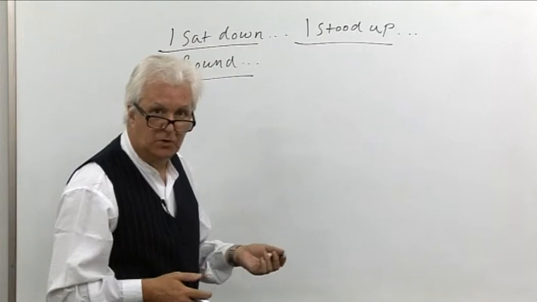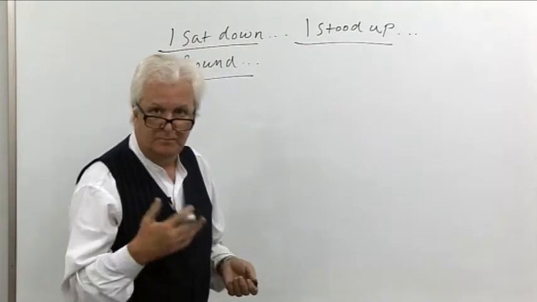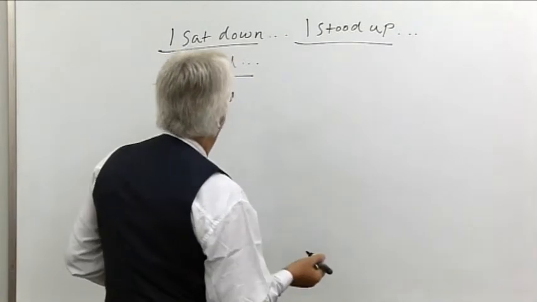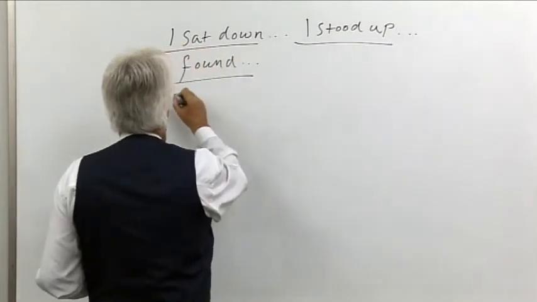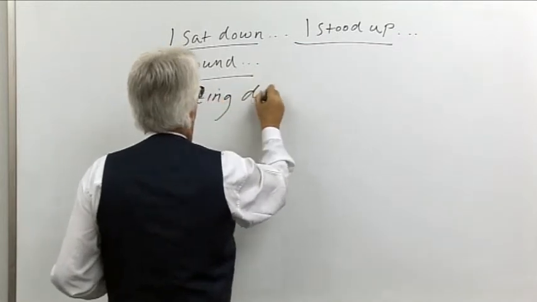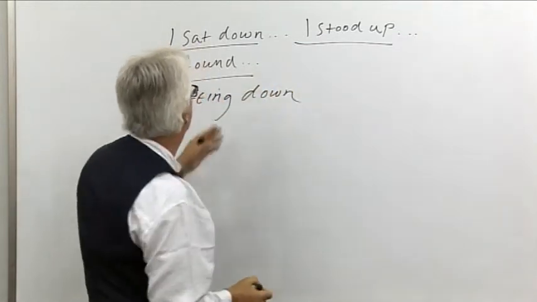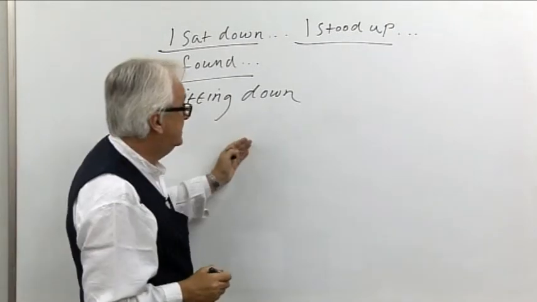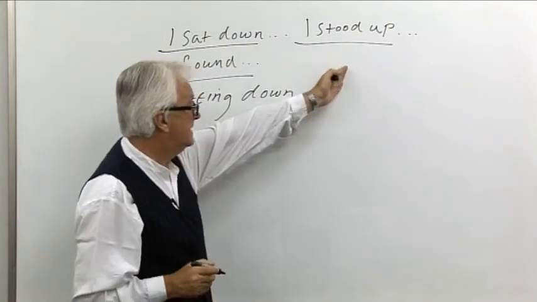Now, you can do that quite often simply by bringing in participles, for example. You could say, for example, rather than I sat down, replace it with sitting down or standing up.